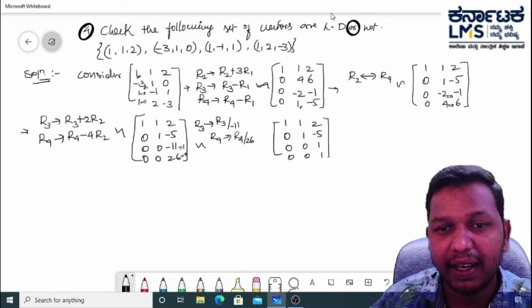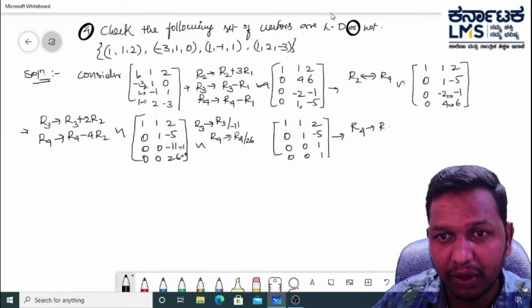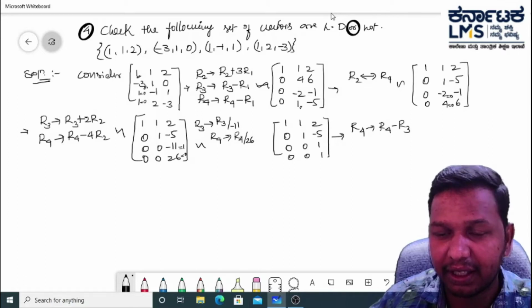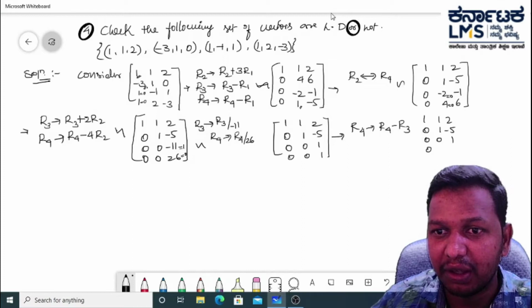Observe R3 and R4 are identical. So the last operation is that R4 changes to R4 minus R3. I get the equivalent matrix 1 1 2, 0 1 minus 5, 0 0 1, 0 0 0.